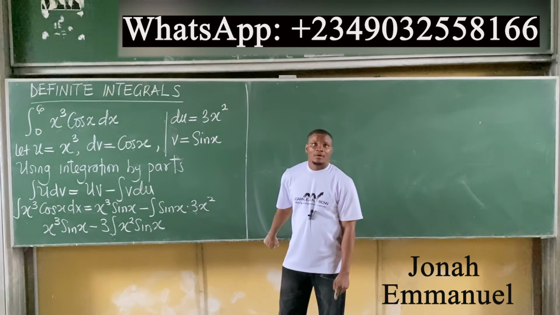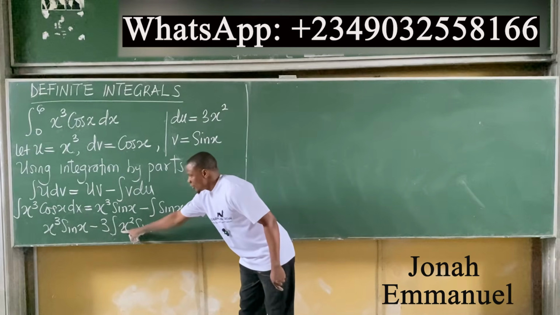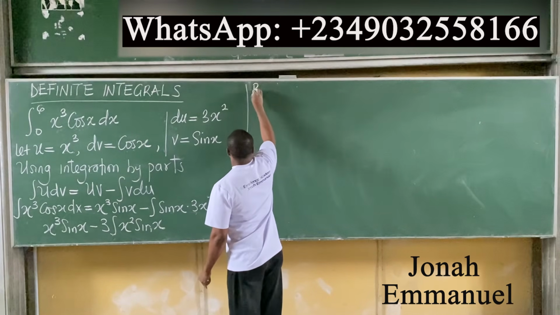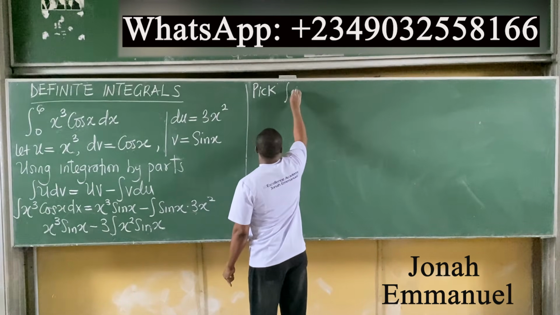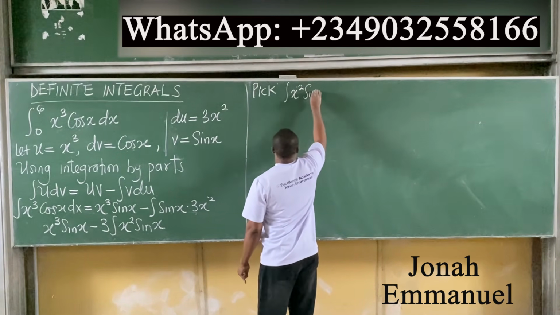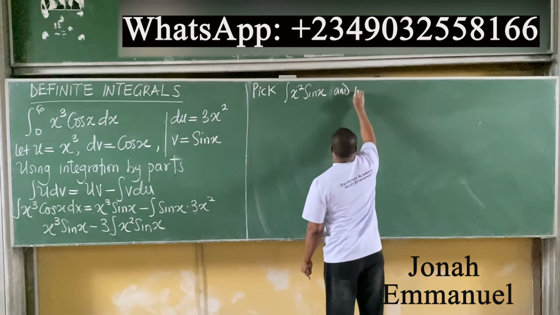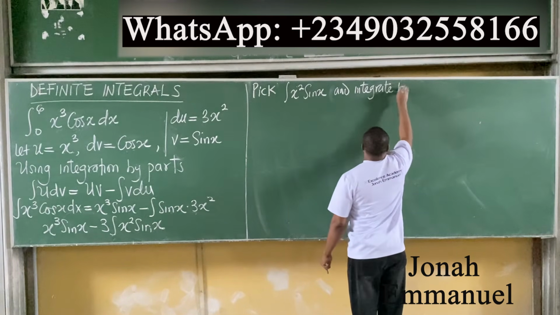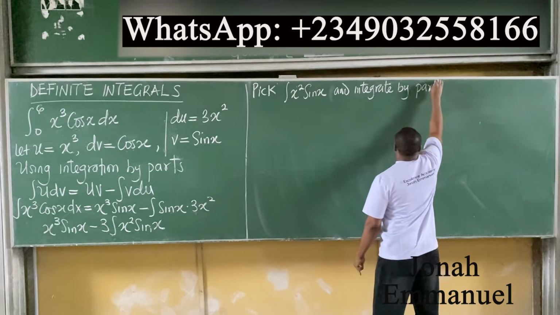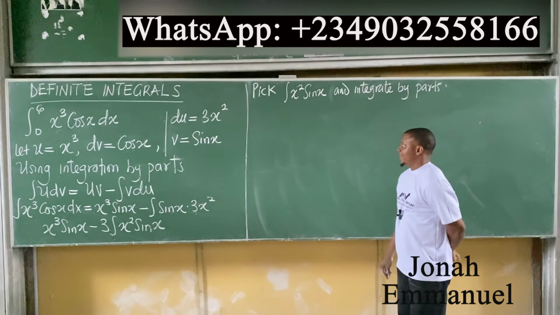So pick this one here, the integral of x squared sine x dx, and integrate by parts again. What do I get? Look up, please.